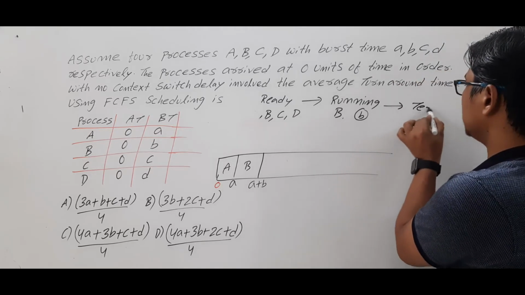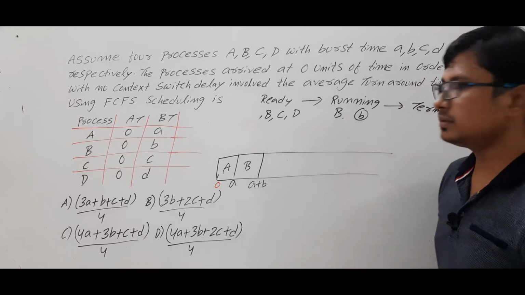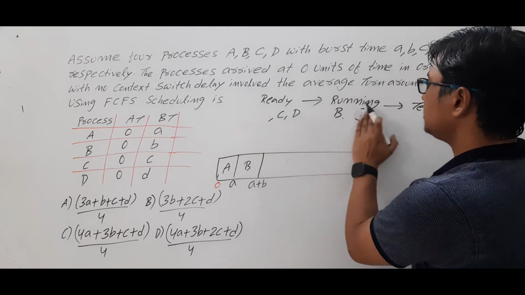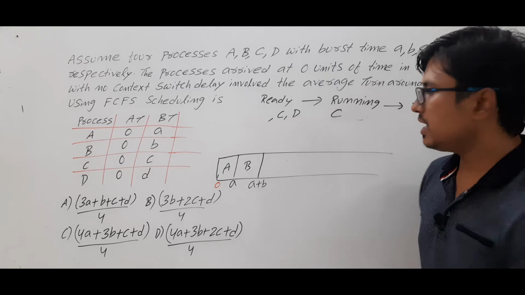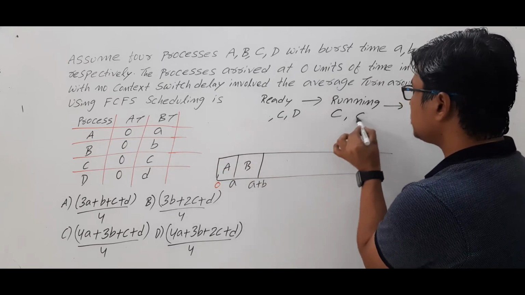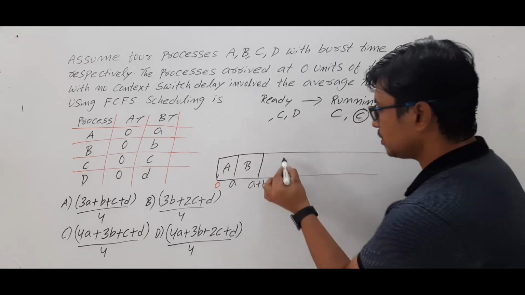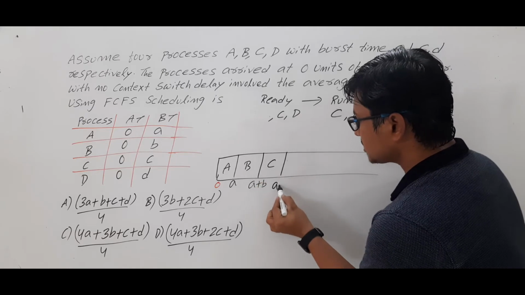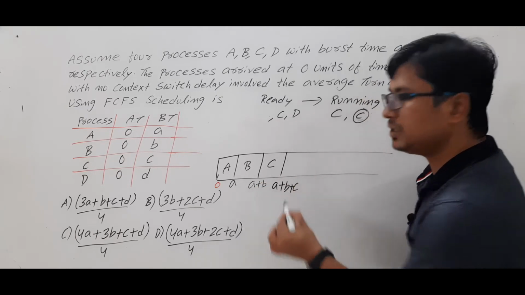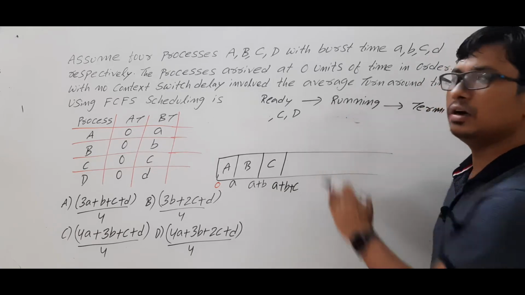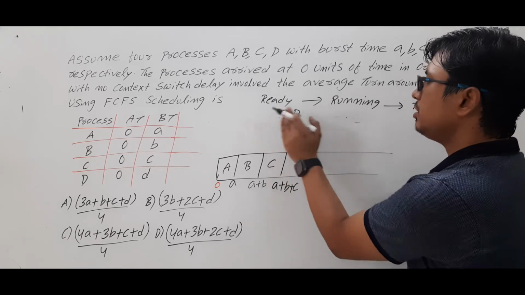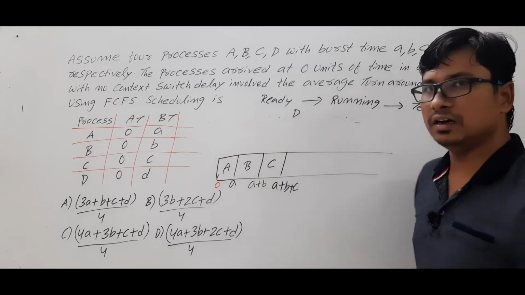Now process C will be dispatched to the running state and it will need small c units of time. So at a plus b plus c units of time, process C has completed its task and goes to the terminated state. Now process D is there in the ready state.